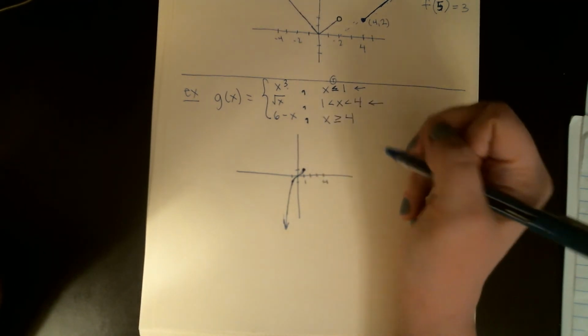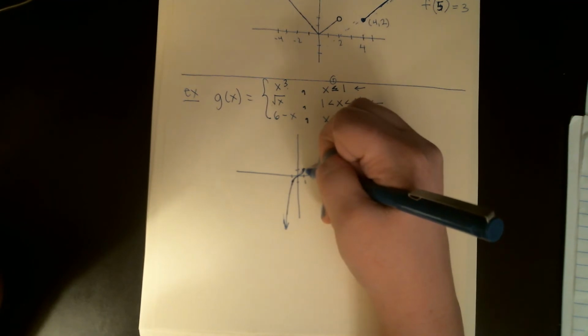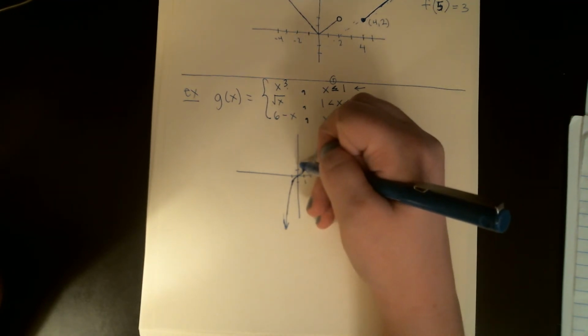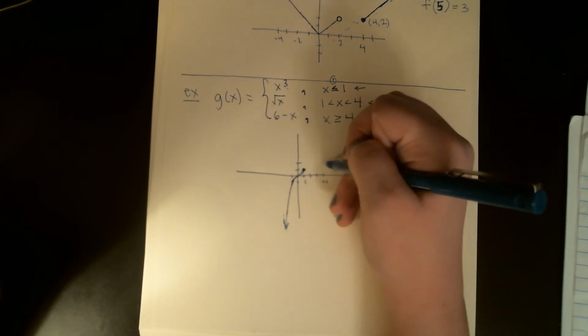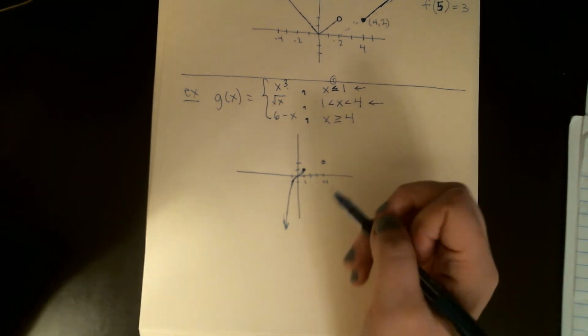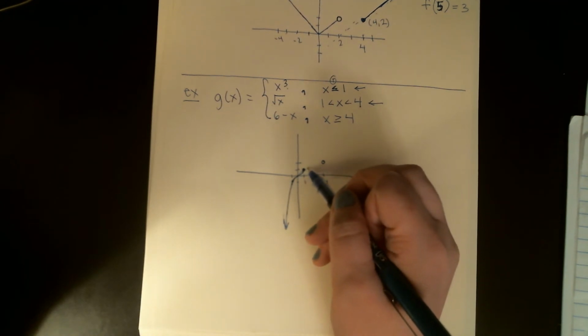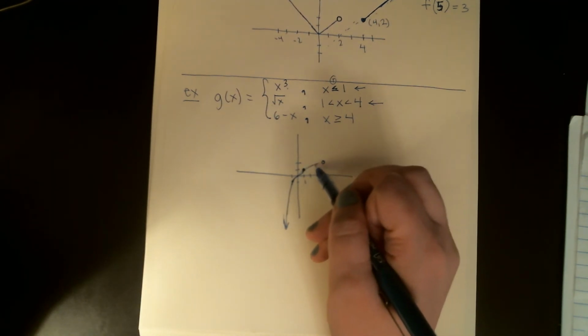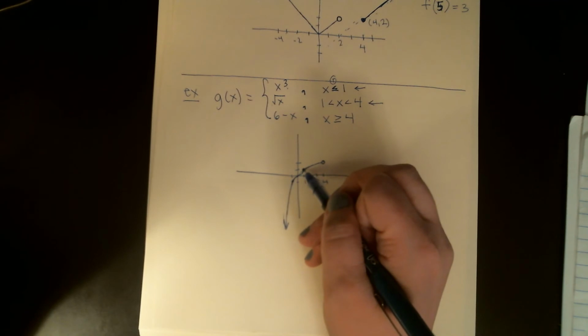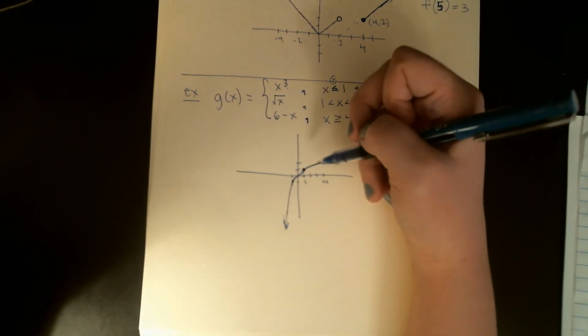So it's going to start at 1, 1 with an open circle. I'll come back to that in just a second. And then it's going to go through 4, 2 with an open circle. And then we're supposed to connect the dots with the part of the square root graph that would live right there.